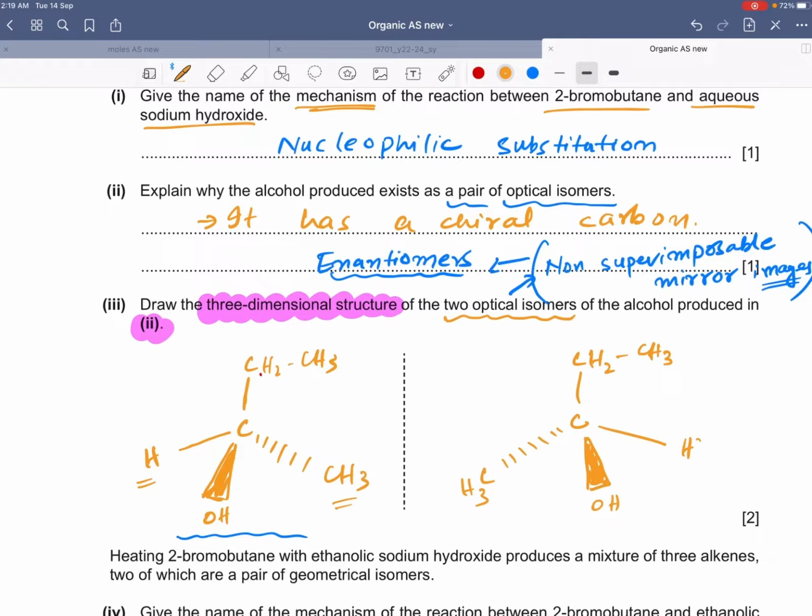So now these two structures are the non-superimposable mirror images. These are enantiomers, these are optical isomers, right? And this is the way how we draw them in 3 dimensions. This is very simple. You just have to practice with few structures, and then that's it, right? This is very simple concept.